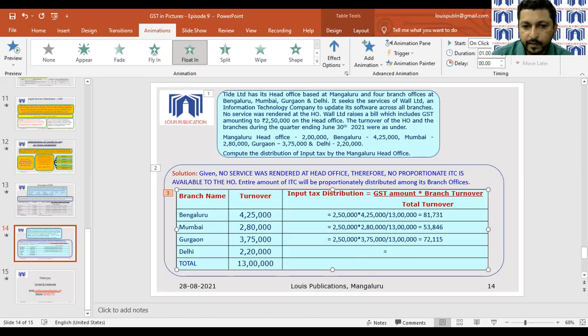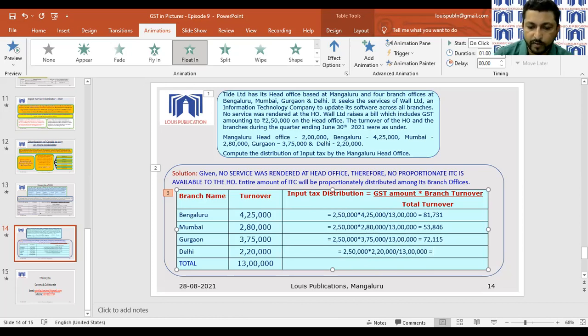In Delhi, the turnover is 2,20,000. So GST allocation is 2,50,000 into the turnover of Delhi, 2,20,000, divided by 13 lakh. That will be equal to, let's do the calculation.